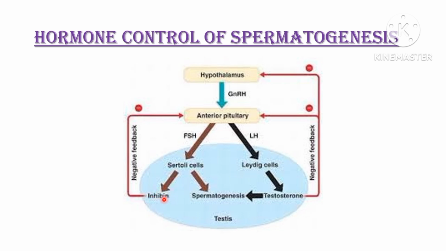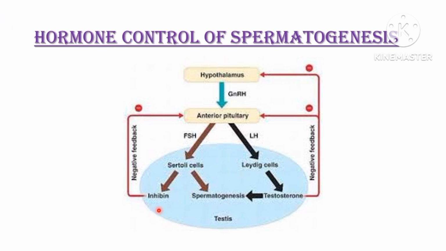The anterior pituitary releases another hormone, LH, luteinizing hormone, which stimulates Leydig cells present in testes to secrete the hormone testosterone. Testosterone is the key hormone for spermatogenesis. Testosterone maintains male reproductive structures and secondary sexual characteristics.